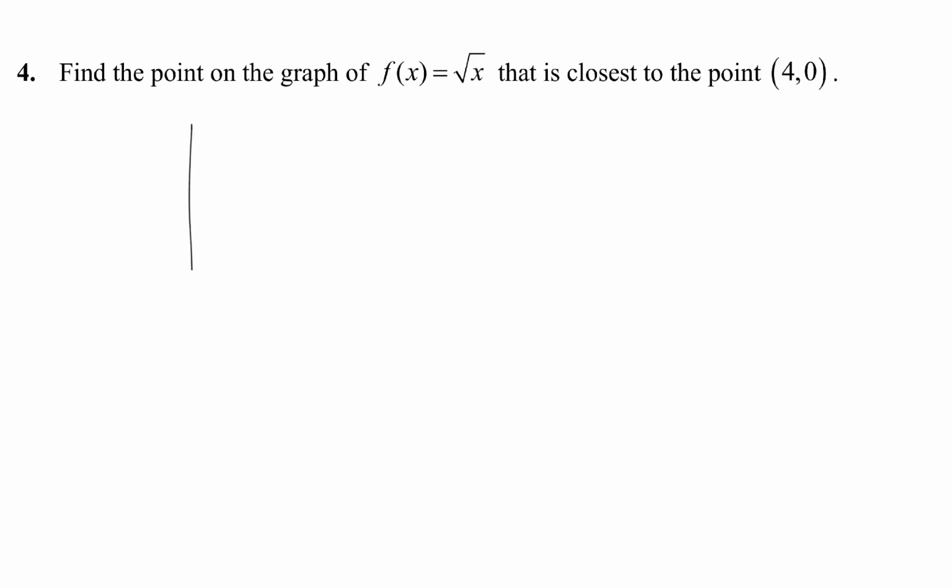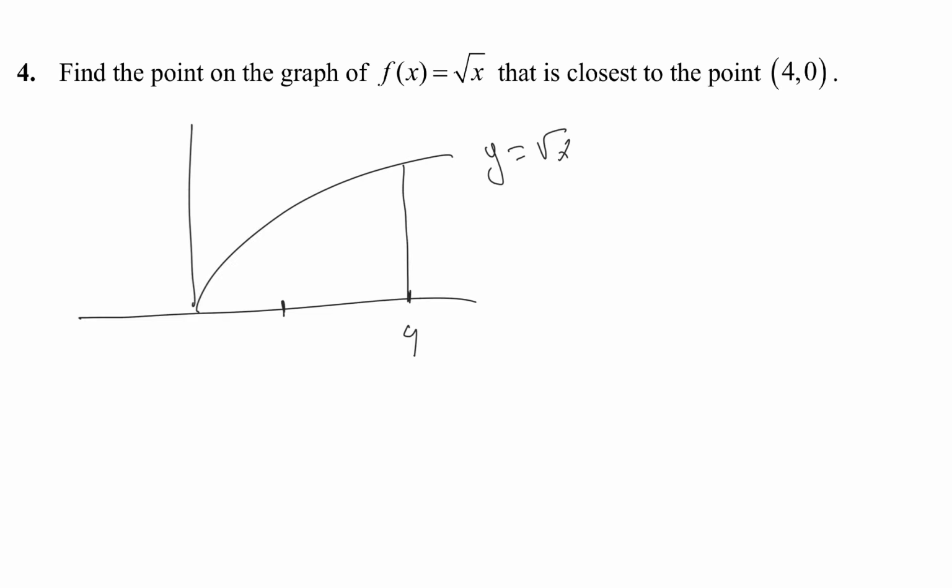You have the graph of the square root of x, which is something like this. Y equals square root of x. For this x, let's say 4, the square root of x, the height is 2. For this x of 1, the height is 1, because the square root of 1 is 1.